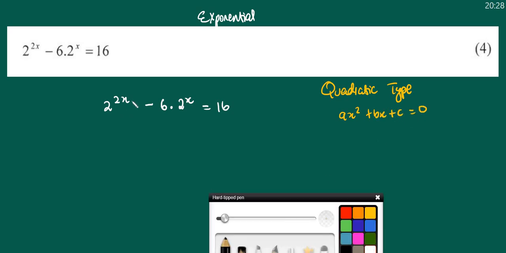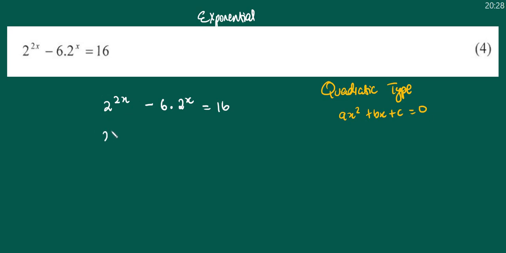The way to do that is to write this as 2 to the power of x, all to the power of 2, because this is the same as x times 2, which is 2x. So you're allowed to write the 2 outside and the x inside. Then you say minus 6 times 2 to the power x, and then minus 16 is equal to 0, so that it looks like that form.